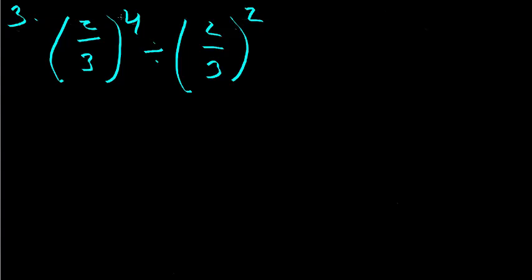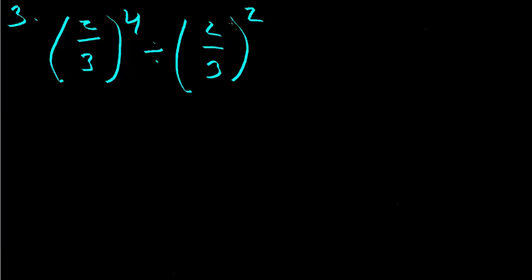So let's read on. Remember, the whole thing is the exponent. The first exponent's power, which is the 4 in this case, is greater than the second exponent's power. So if the first power is greater than the second power, which it is, because 4 is greater than 2, then to make it easier you can subtract the second power from the first power and make the two fractions one fraction.